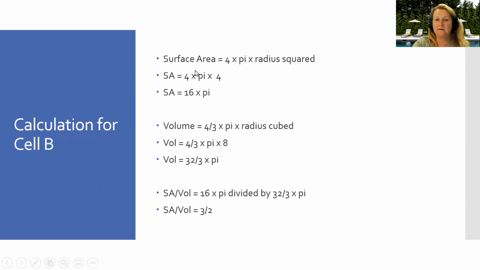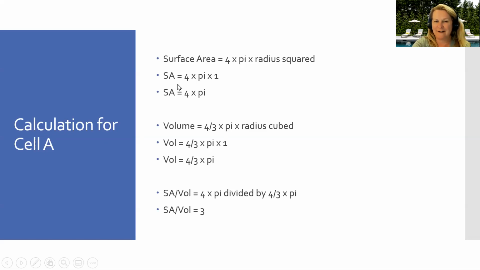Our formula for surface area is 4 times pi times the radius of the sphere squared. So in cell A, the radius is 1, so that makes the calculation pretty simple. Whoops, I'm looking at cell B. I'm on the wrong slide. Surface area, 4 times pi times the radius squared. And for cell A, the radius is 1.